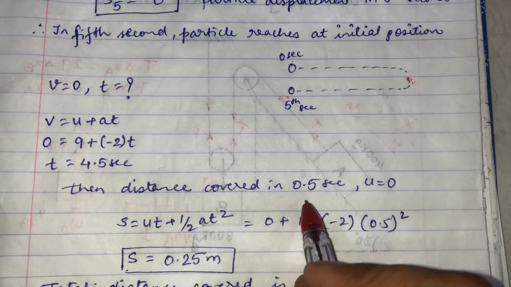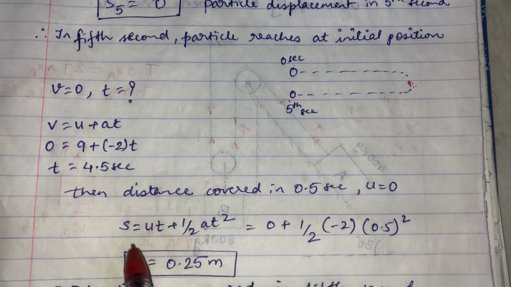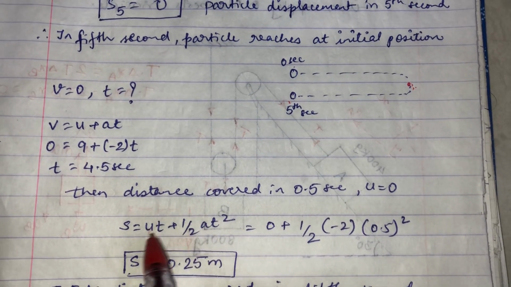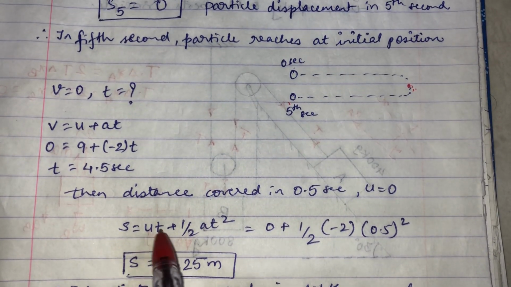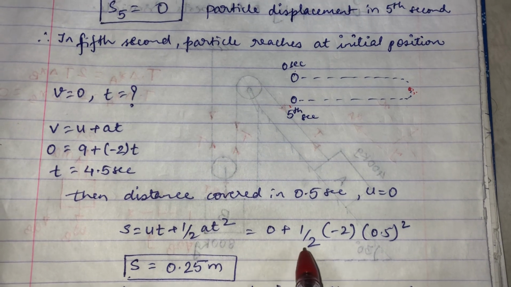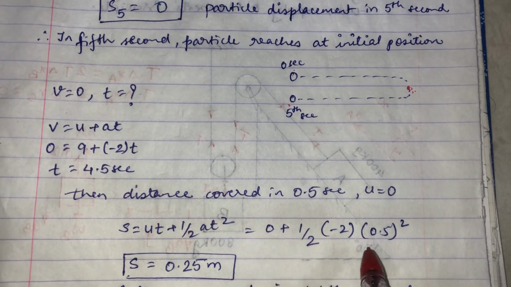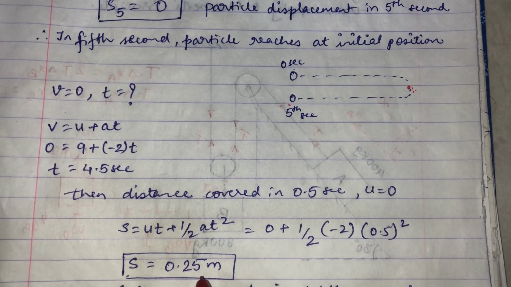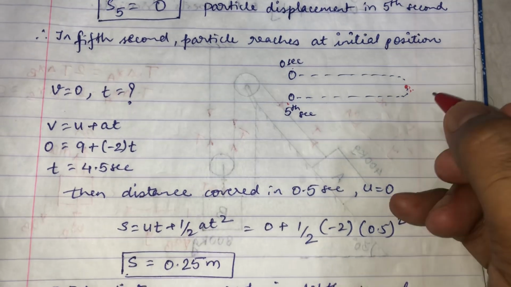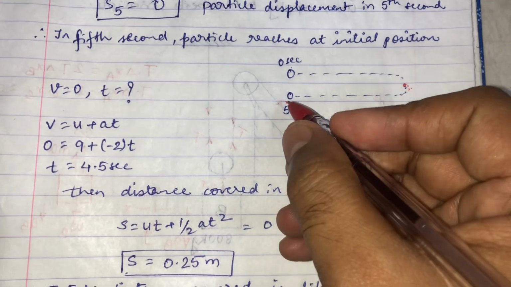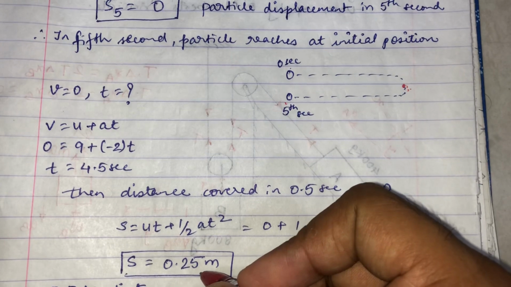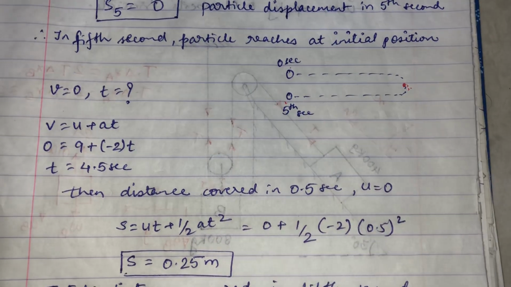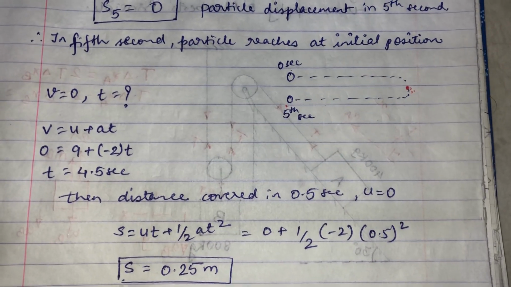So distance covered in 0.5 second: u is equal to 0, s is equal to ut plus half a t square. ut is 0 because u is 0, half a is minus 2, and t is 0.5. So s is equal to 0.25. From here till here the distance is 0.25 meter. Is it clear this much?